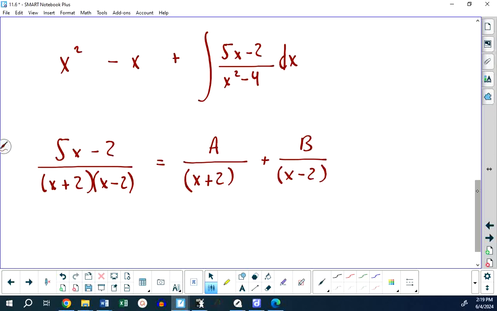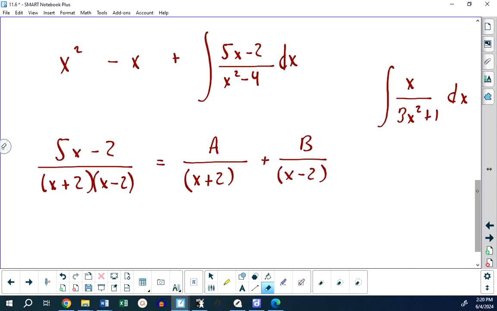If at this point in time you get the following, then substitution will work. Because if the bottom is u, then 6x dx is du, and you can make that work with substitution. Okay?